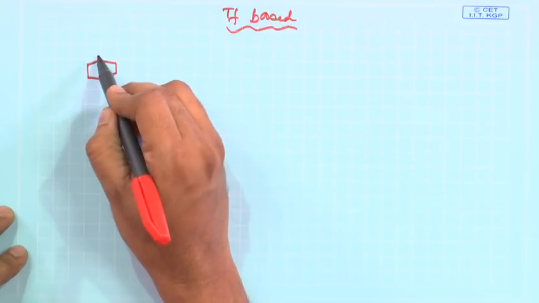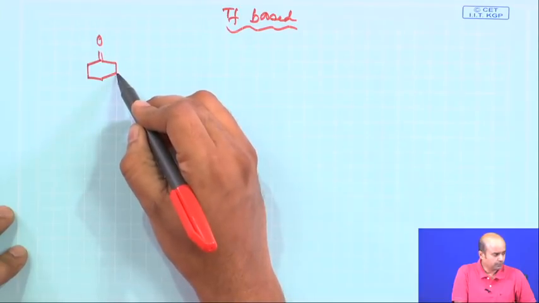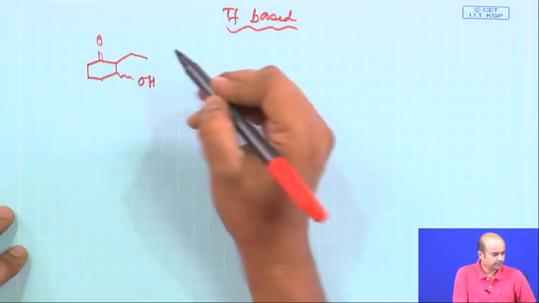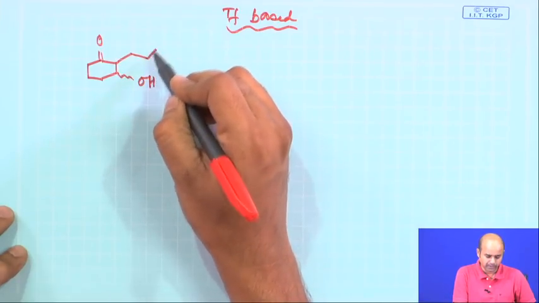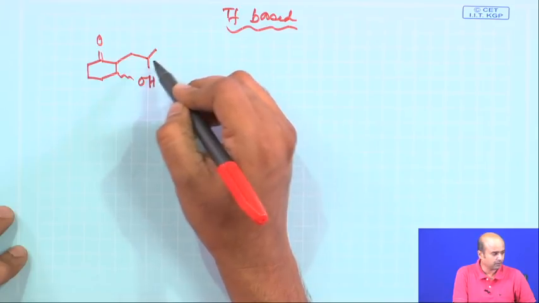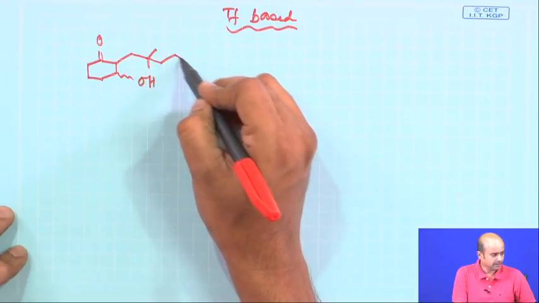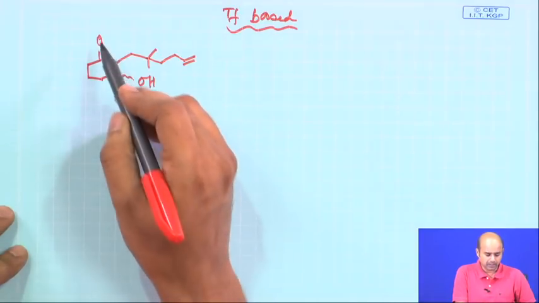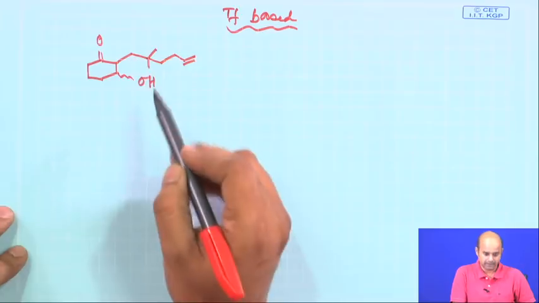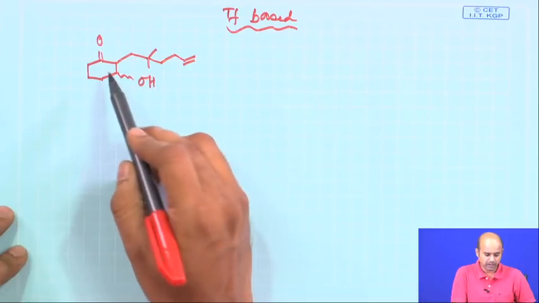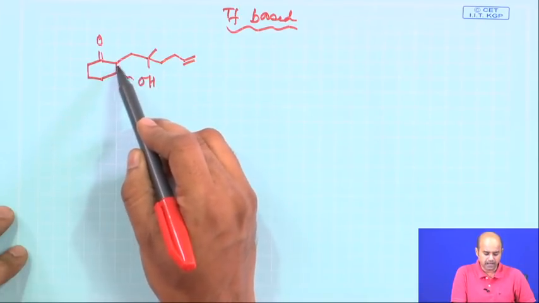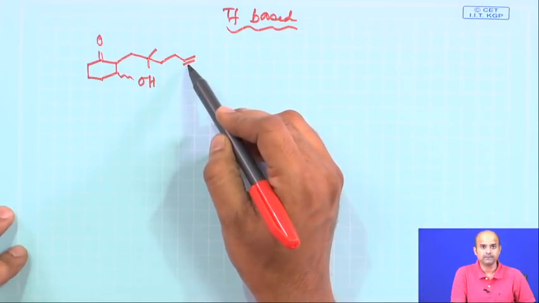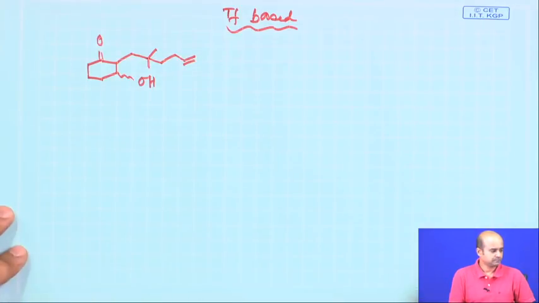Here I will give you a problem whose structure is something like this. It is a cyclohexane based compound, cyclohexanone rather, and it has a carbonyl functionality at one end, a hydroxy functionality, and in between it has a long chain alkyl appendage at one end with a pi unsaturation.